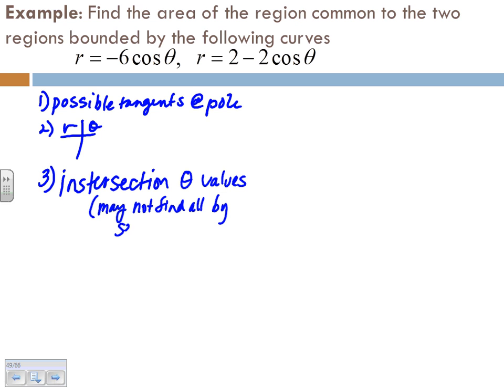So you may not find all by setting equal, but you will find some. Probably most. So those are some things you should be thinking about as you're sketching these curves.